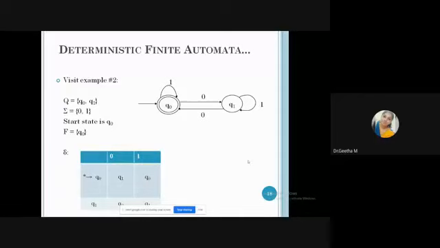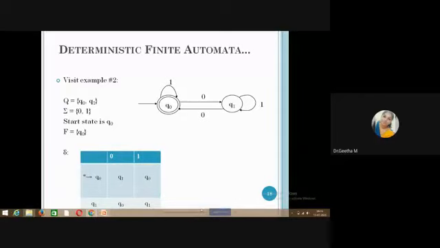See the transition table. In this transition table, the first row consists of an arrow mark and a star, an asterisk symbol. The arrow means Q naught is initial. The star indicates that Q naught is also a final state.